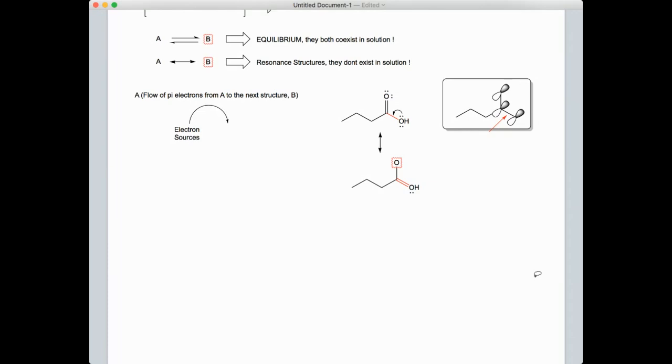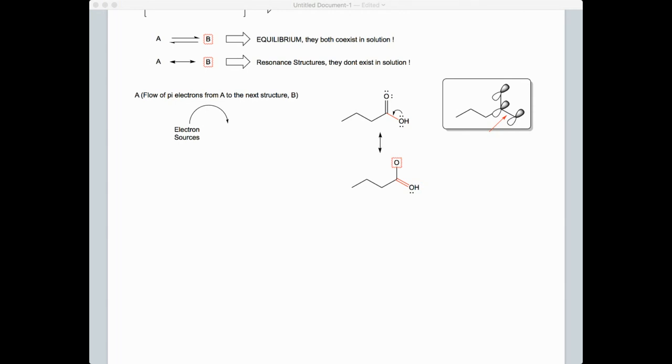And now my question is, what is the formal charge of that oxygen? Anybody know? What's the formal charge of that oxygen now? So what's the formal charge of this oxygen, guys? How do we calculate formal charge? I'm going to pause on this question. I'm not sure if you guys are paying attention, because I see everybody is so quiet. So let me ask this question.